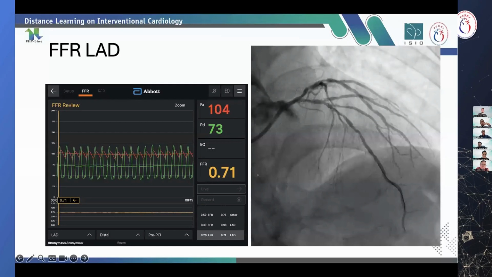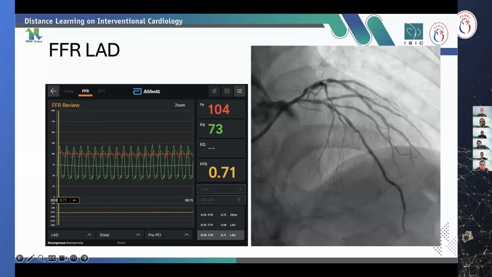And after we assess the circ with the FFR, I think we don't need to touch the circ. So the SYNTAX score from 29, maybe we can reduce that anatomical SYNTAX score to the functional SYNTAX score. So I just calculated the functional SYNTAX score is about 21 after we assess the significance of the circumflex using the FFR.